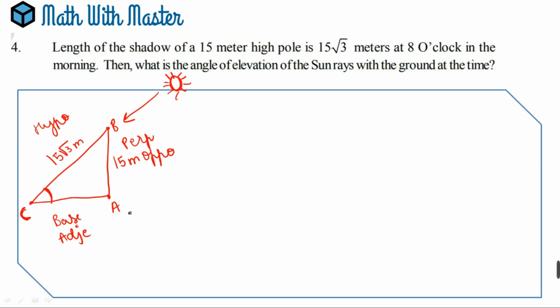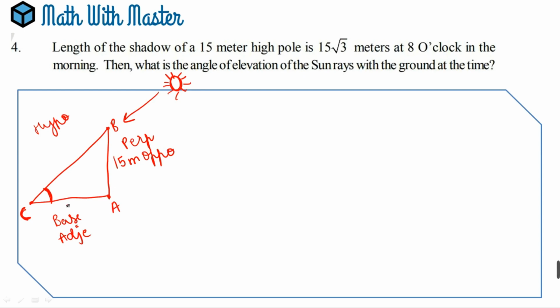So now here, what are the two values given of perpendicular and hypotenuse? Just a second. Yes, here they have given 15 into root 3 meters is the shadow, not the sun rays.